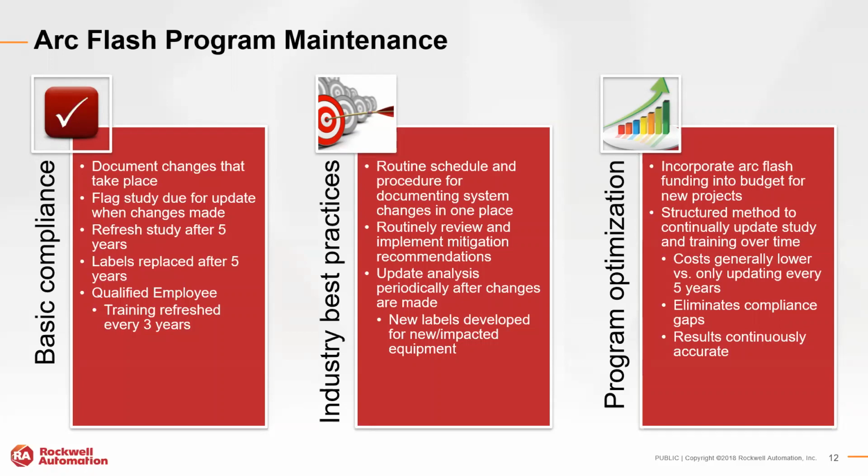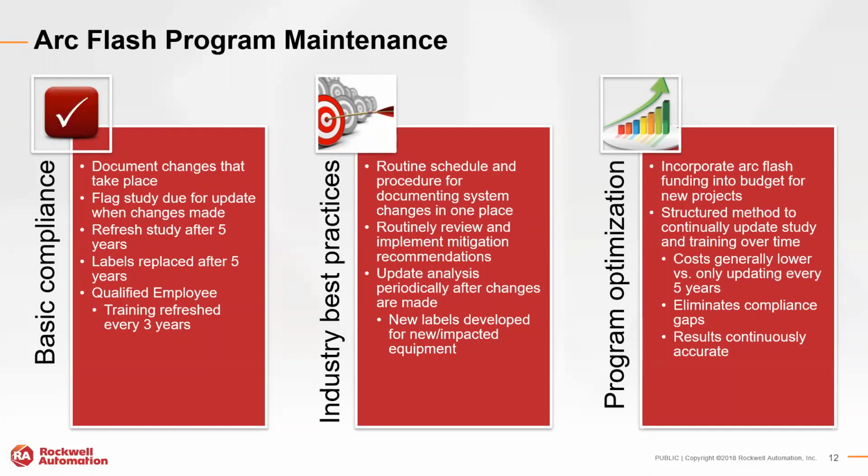Now we need to go get a proposal from my arc flash provider to update my arc flash program, and then apply for separate funding, for example, after the work has already been completed. If you do that arc flash budgeting in advance of work being completed, a lot of times you get those updates knocked out perhaps in the same budget that you have for the project.